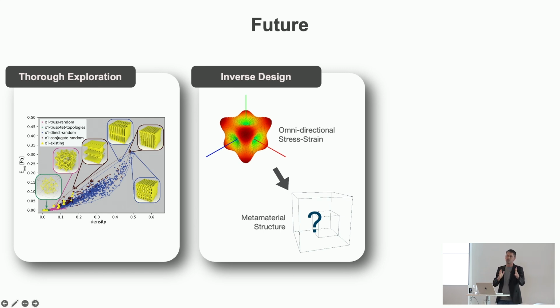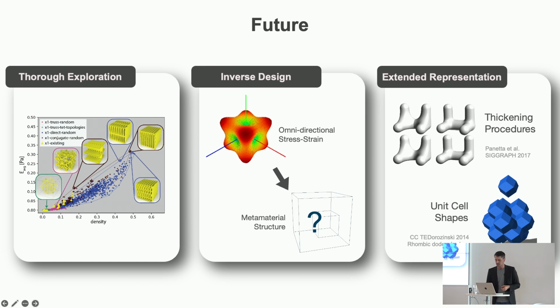So doing inverse design, by more systematically trying to optimize these parameters for certain behavior, I believe has a lot of potential. And also just extending this representation, for example, with different thicknesses or other types of base shapes that you tile together would be low-hanging fruits that I think could give you quite nice opportunities for future work.